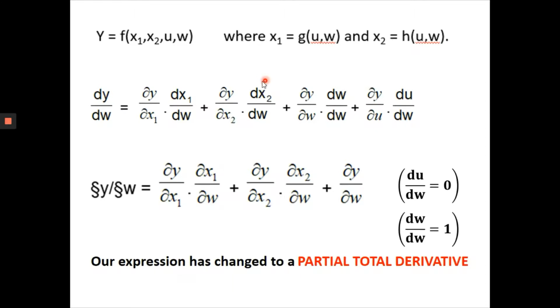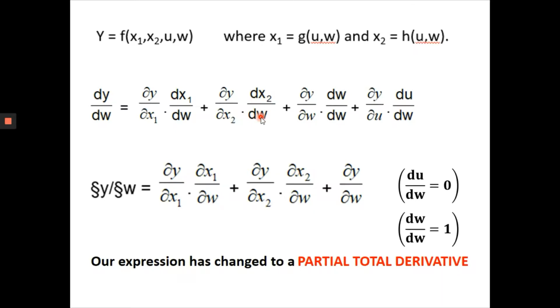Similarly, if we look here, we have to replace this d also with the partial derivative sign, with the curly d, okay? Because if we look at x2, x2 is a function of u and w, and we are holding u constant and allowing w to change. So this here should be the partial derivative of x2 with respect to w.